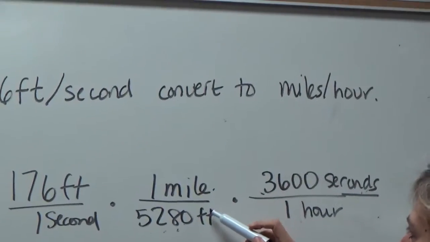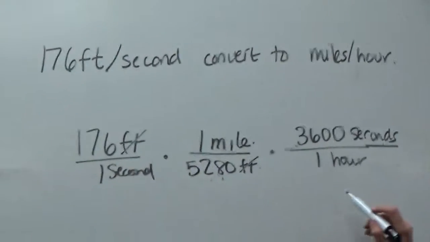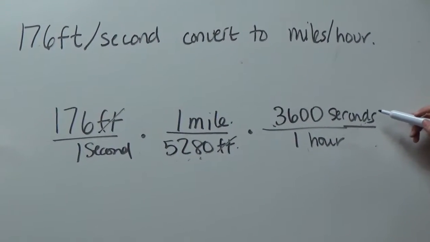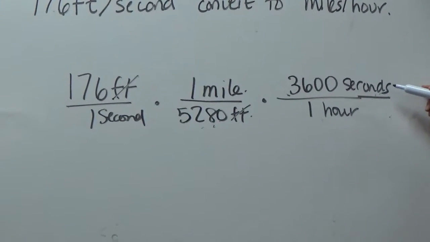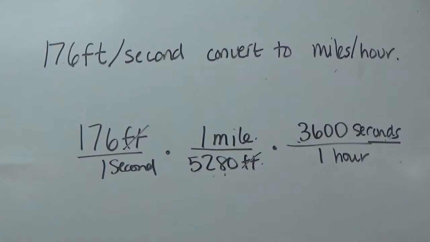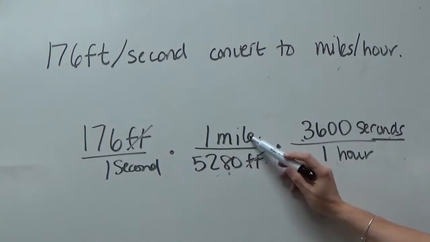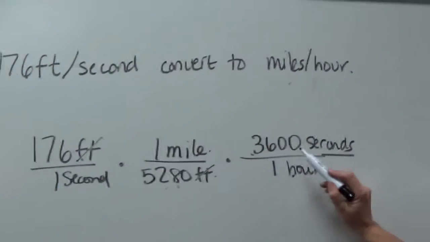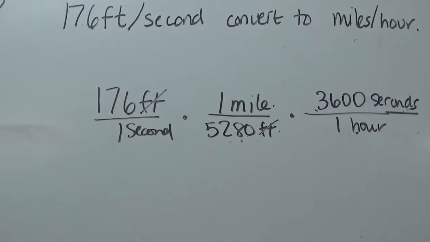I can cancel my feet out here. Then I have to figure out how to get seconds to cancel out and how to get hours in there. I've already got my miles in there. If I put hours on the bottom, then it'll end up being miles per hour. So I'm going to put 1 hour in the denominator, and 1 hour is 3,600 seconds.